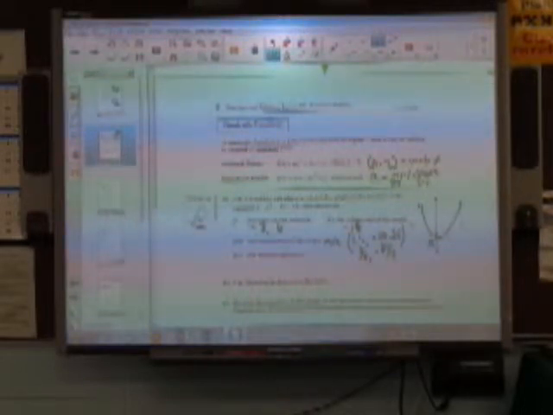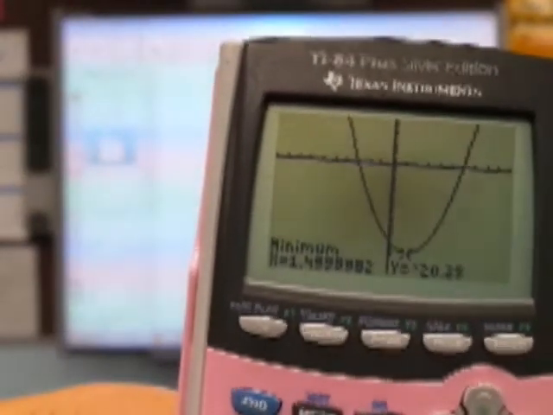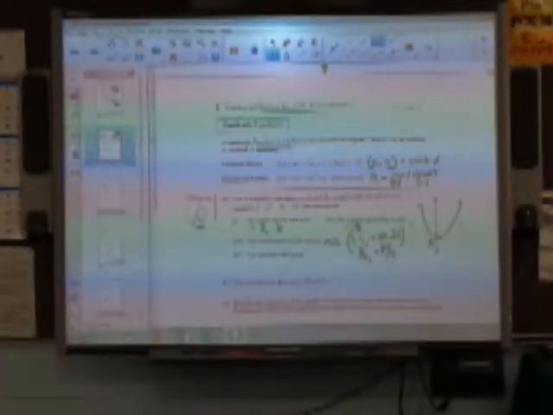The other thing that you can do too is when I have my minimum up, my calculator with the rounding or resolution gave me like 1.49 repeating and then negative 20.25. If I went back to my main screen, so I quit and go back to my blank screen, if I went alpha 1, the letter Y pops up.